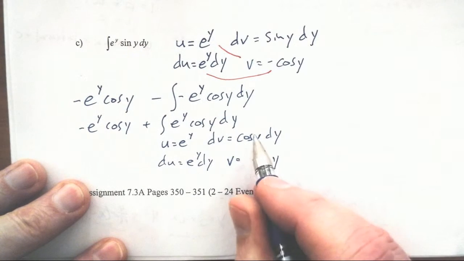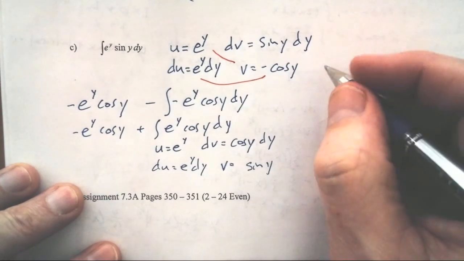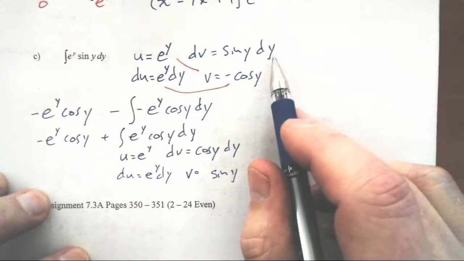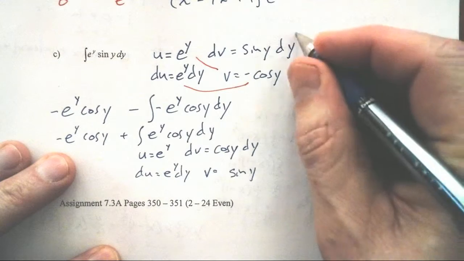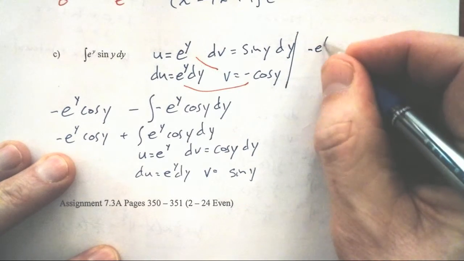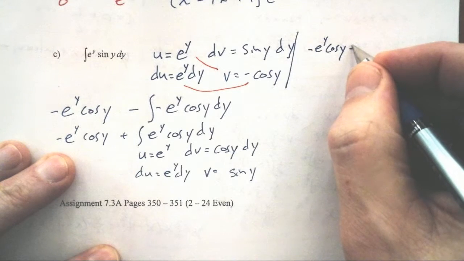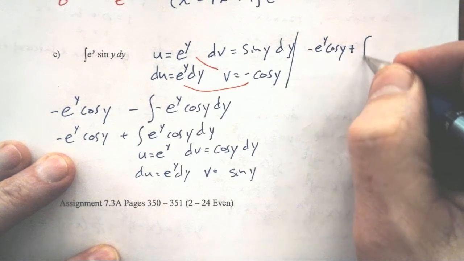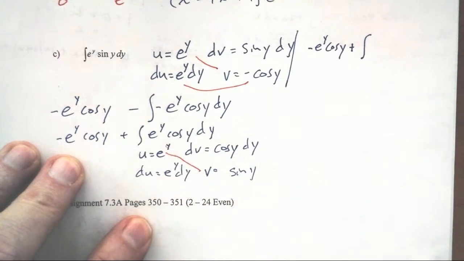Is the derivative of sine plain old cosine? Yes, so we're good. So I ask this guy to be patient up here. I'm going to have to write a little bit small next to this, kind of boxing myself in. This negative e to the y cosine of y has to wait around for the integral of this product.